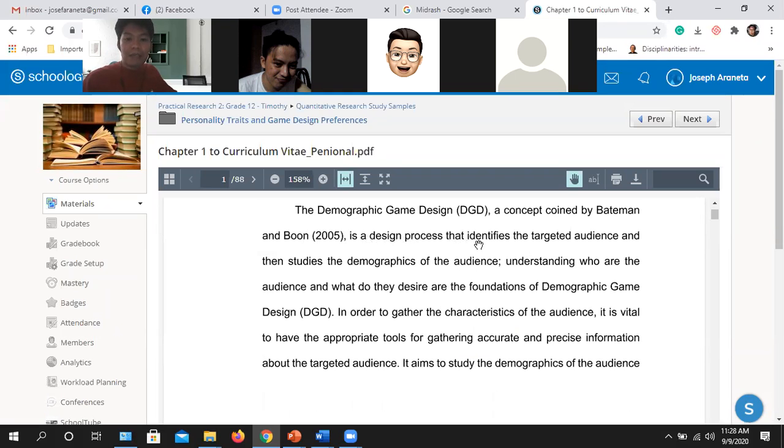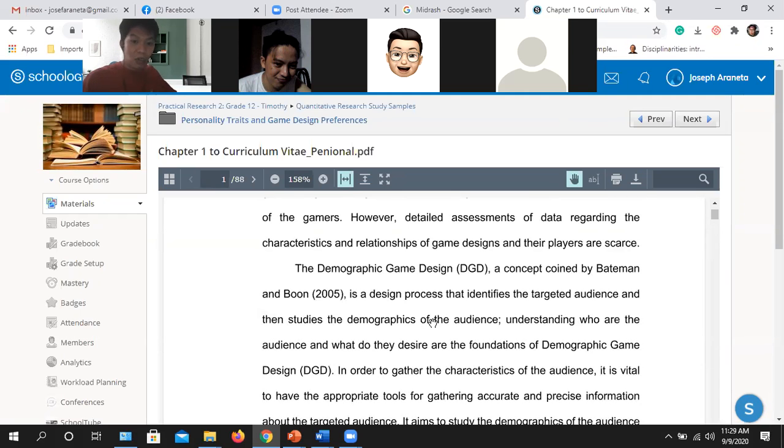The demographic game design, a concept coined by Bateman and Boone 2005, is a design process that identifies the targeted audience, then studies the demographics of the audience. Understanding who are the audience and what do they desire are the foundations of demographic game design.